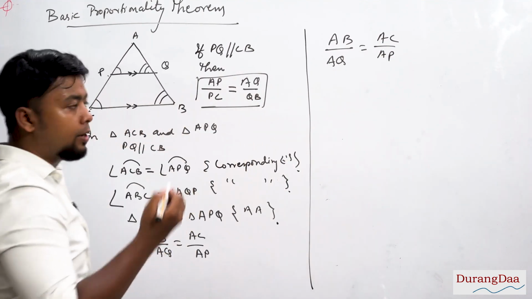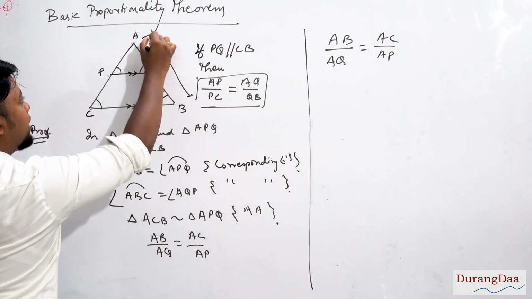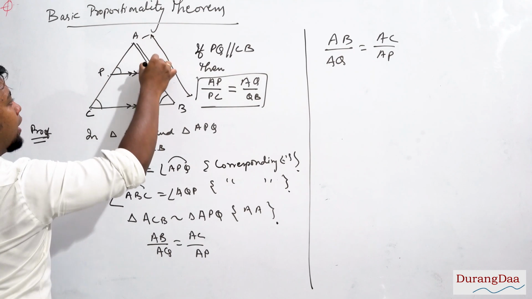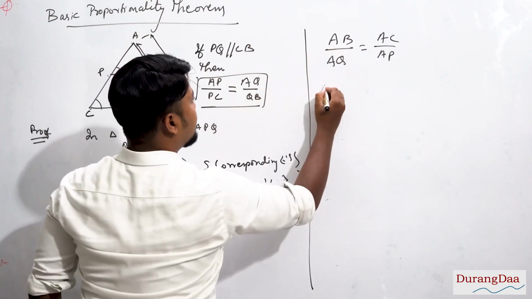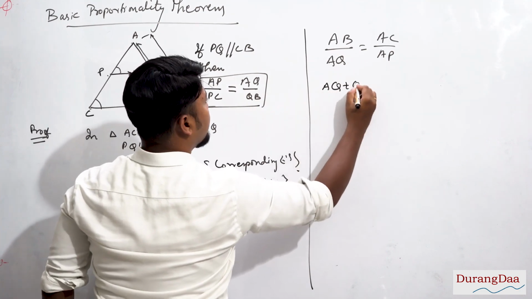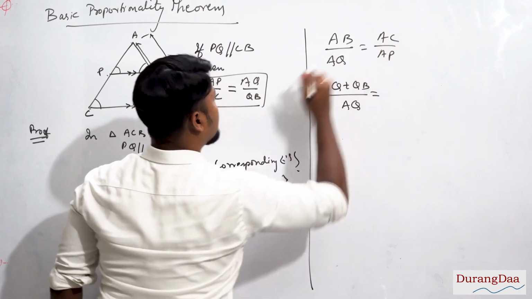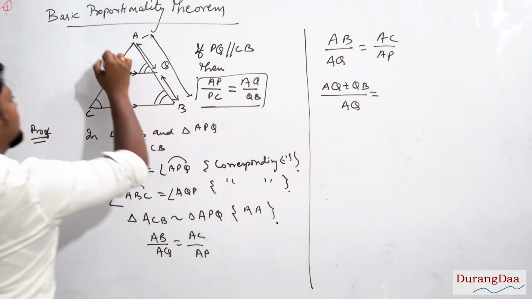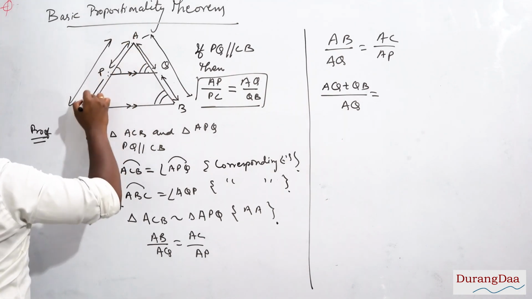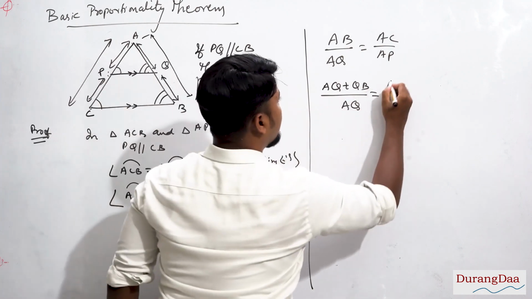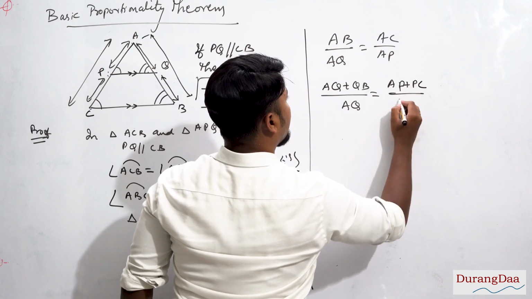If you look carefully, side AB is actually made up of the sum of AQ and QB. That means I can write AB as AQ plus QB, divided by AQ. Side AC is actually made up of the sum of AP and PC, so I will split it: AP plus PC divided by AP.